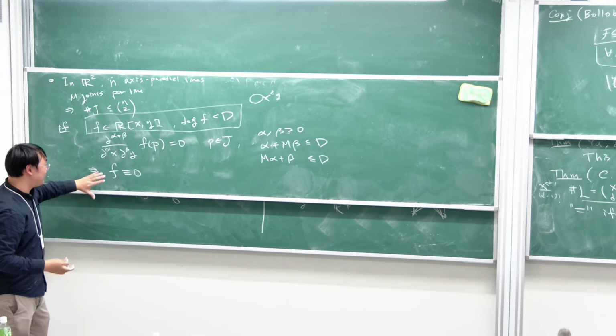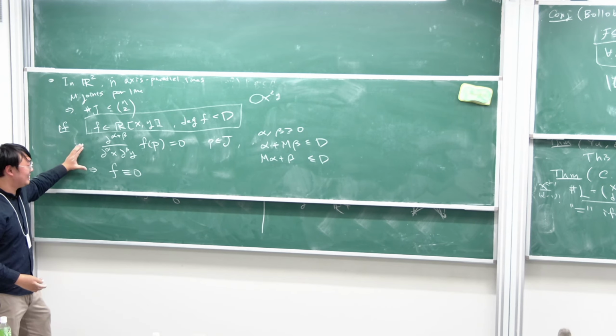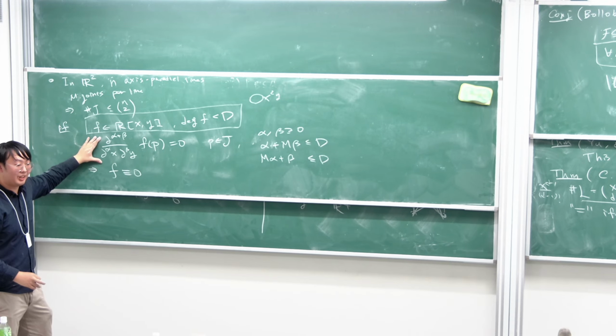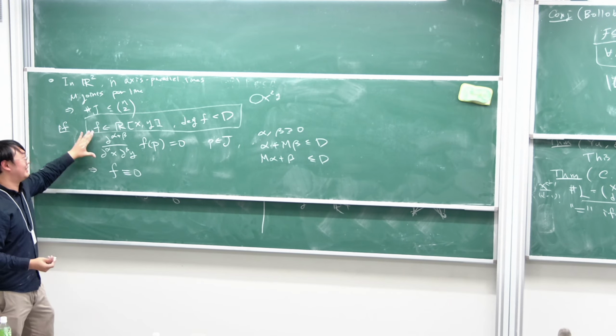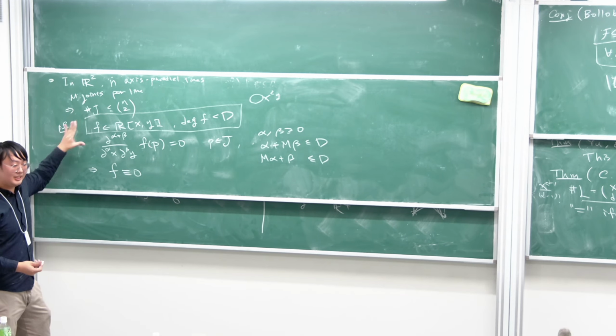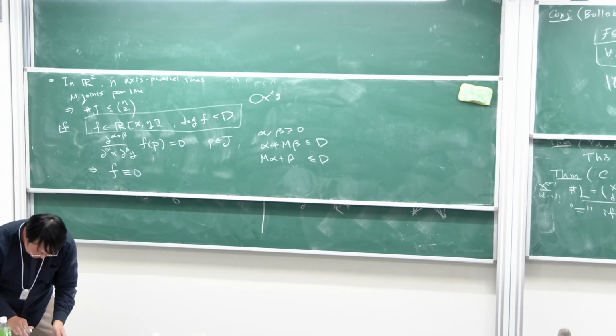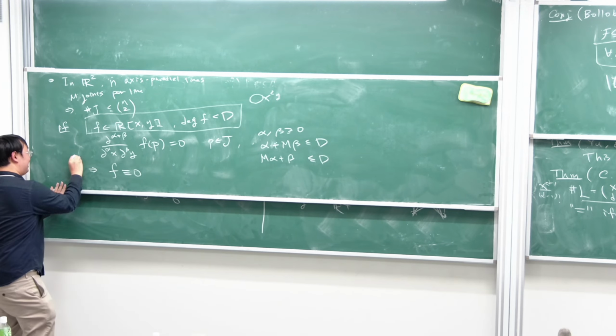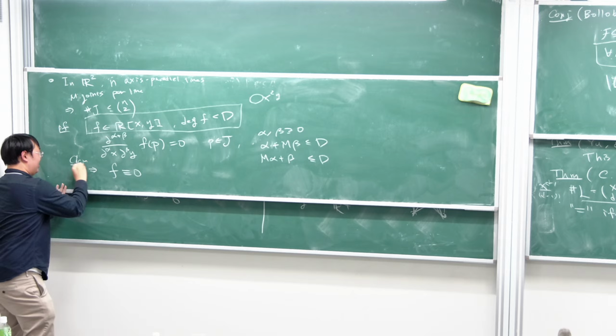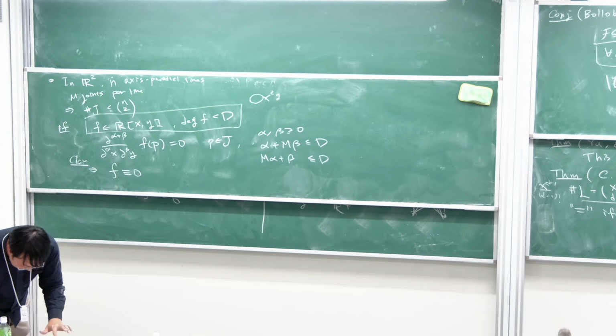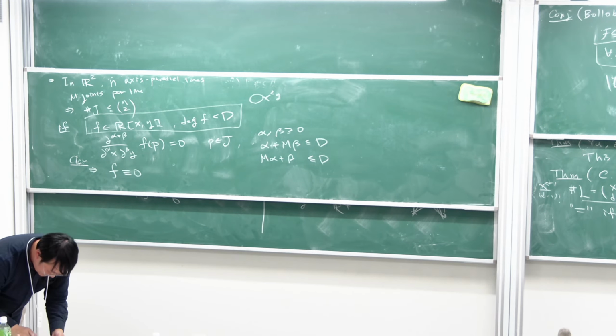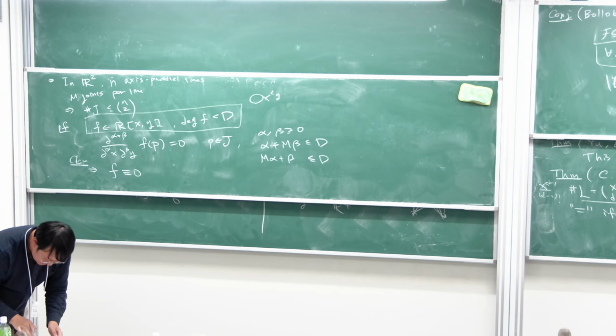If I can prove this, then that means the number of equations I put here is at least as many as the dimension of this space. Let's first see if I can prove this claim. I will postpone this proof until later, and let's first see what result we can get.